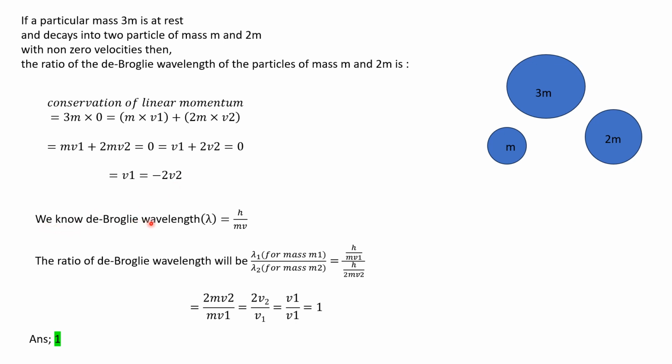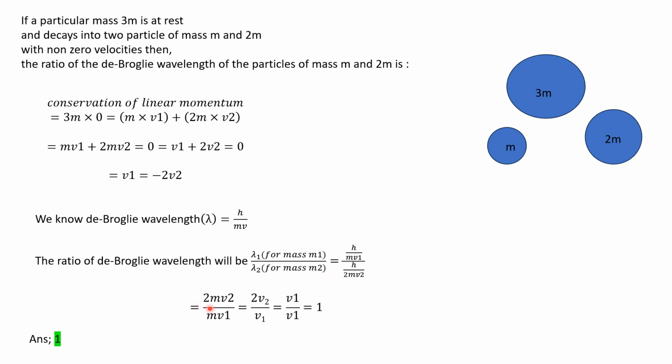We know the de Broglie wavelength lambda is equal to h by mv. Here it has been asking the ratio of the de Broglie wavelengths of the particles of mass m and 2m. So the ratio lambda 1 by lambda 2 will be equal to h by m v1 divided by h by 2m v2, because the first particle has mass m and the second particle has mass 2m.